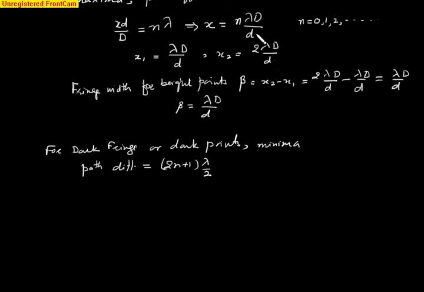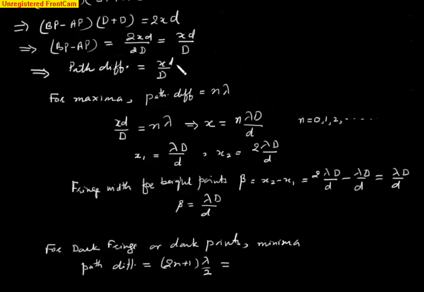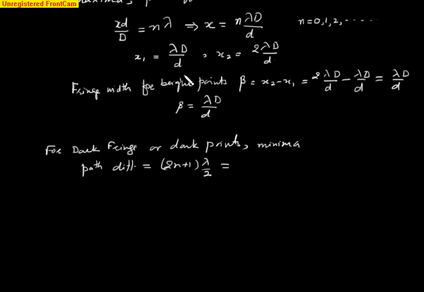And if we equate this path difference condition here, because we know that the path difference is x small d over capital D, we can write x small d over capital D equal to (2n+1) lambda by 2, which gives us x equal to (2n+1) lambda capital D over 2 small d.